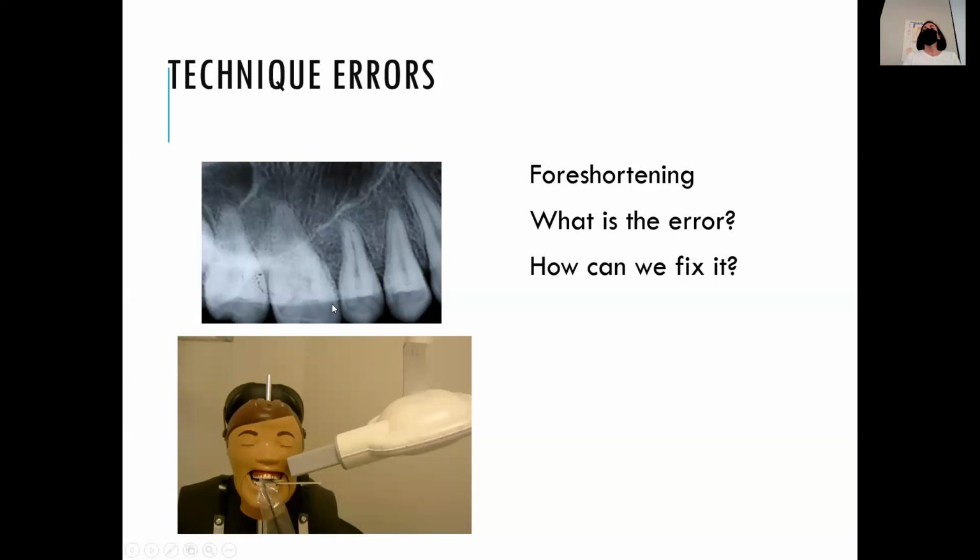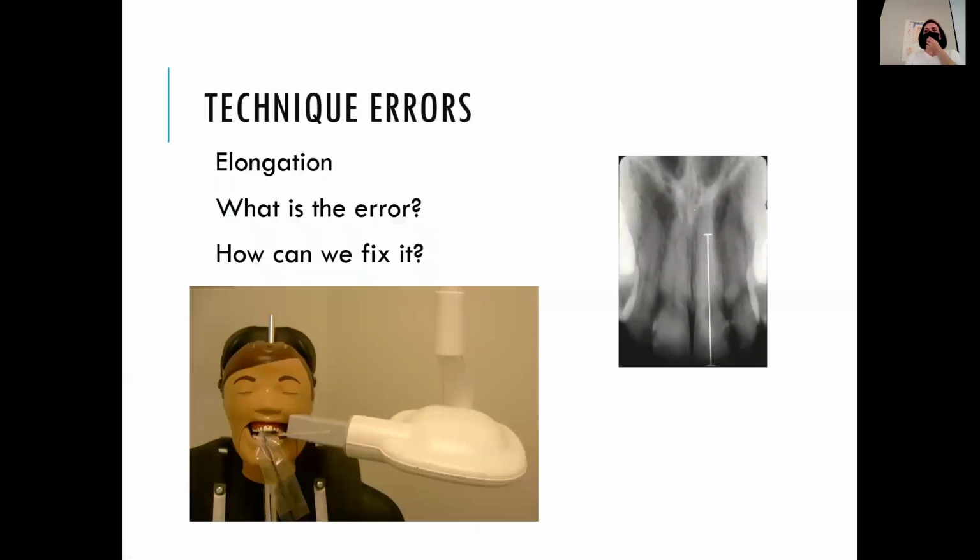Here you can see both of the cusps. You can see a little bit of the occlusal surface, and you can see how the roots are very squashed in the foreshortening. And so that's what happens there. Now, in the next one, this one is elongating them. You can see that the roots kind of get stretched off and blurry at the tips.